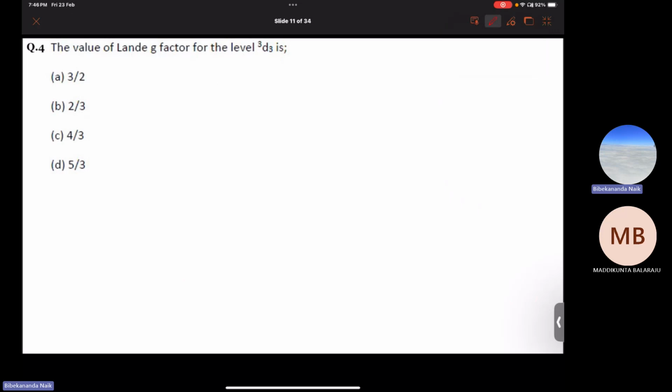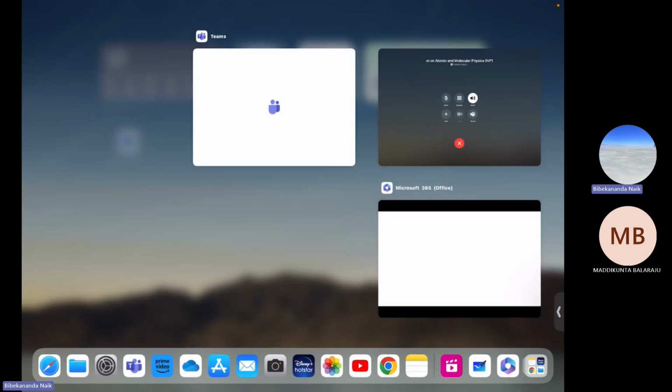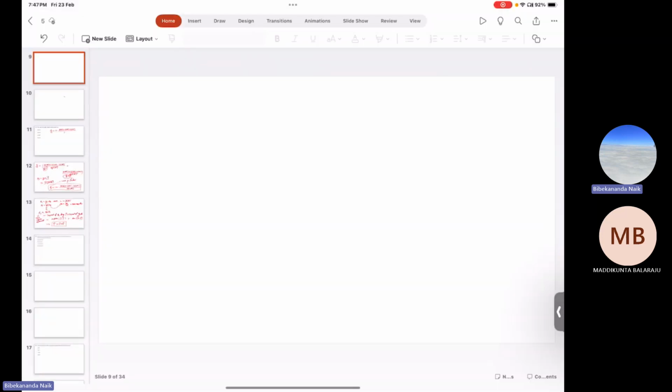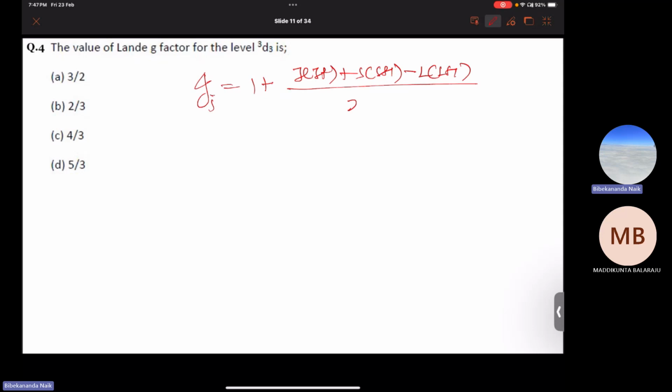So now the value of Gj is 1 plus J into J plus 1 plus S into S plus 1 minus L into L plus 1, divided by 2J into J plus 1.